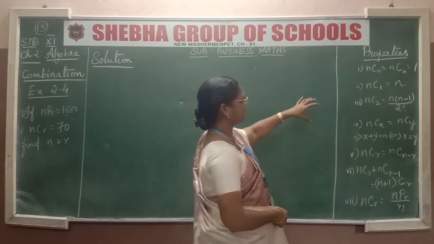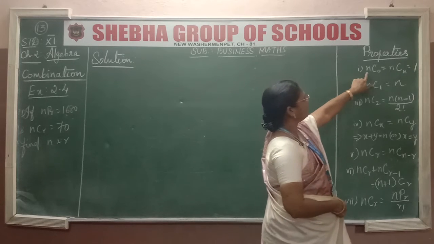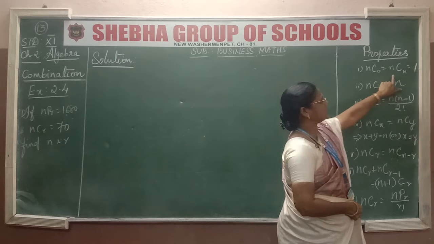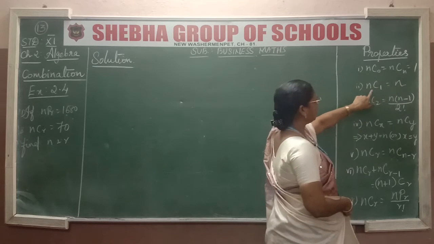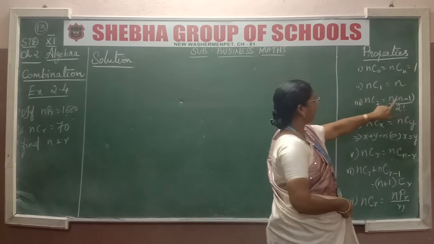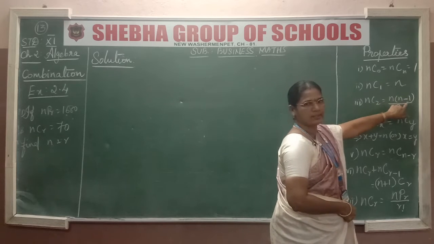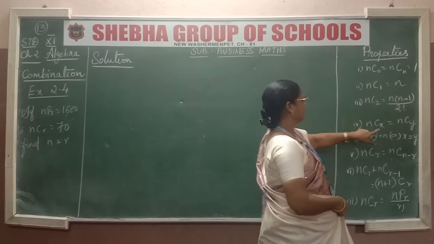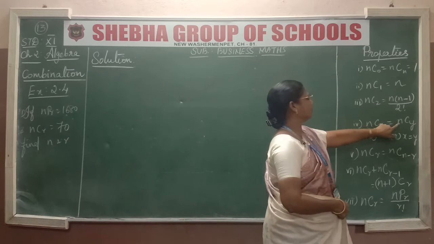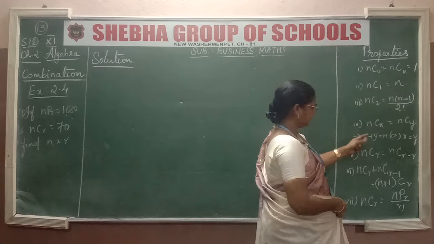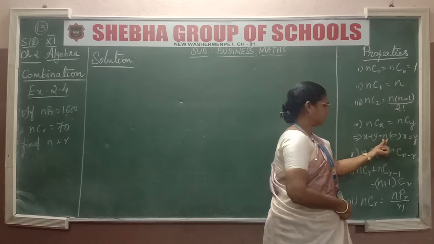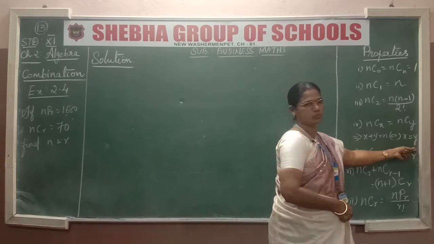Some properties in this combination are nC0 equal to nCn equal to 1, nC1 is n, and nC2 is n into n minus 1 by 2 factorial. And nCx equal to nCy, then x plus y equal to n or x equal to y.